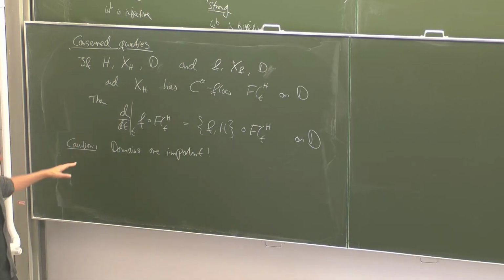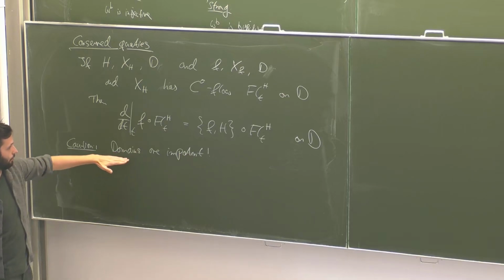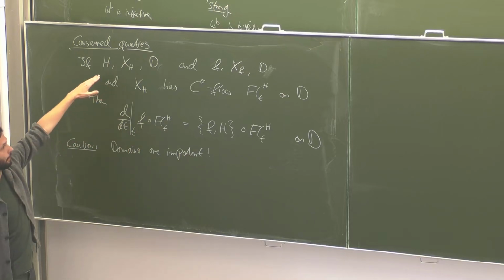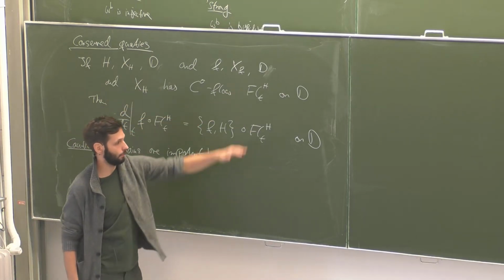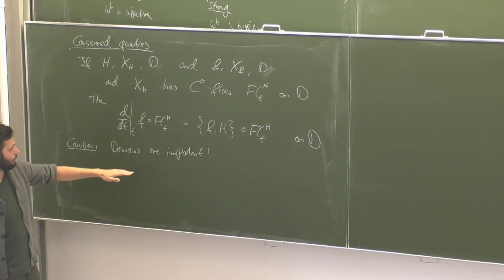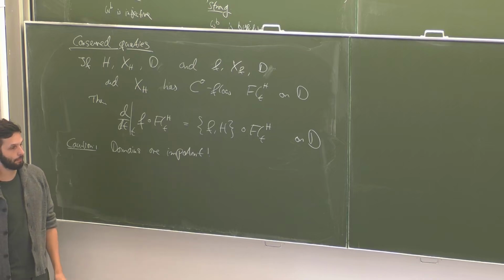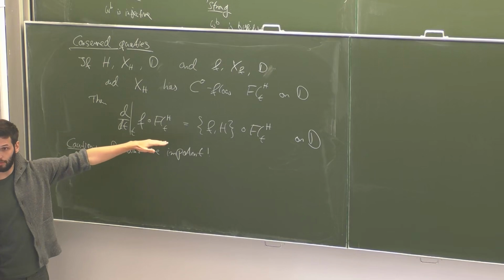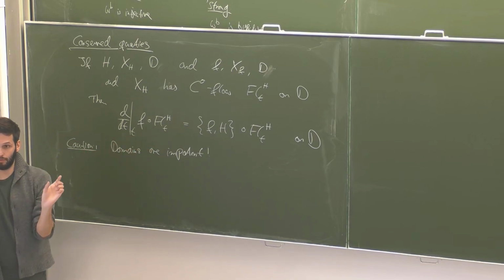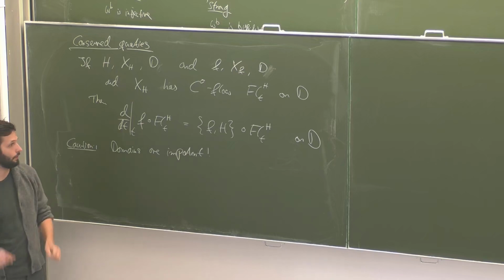But it's important that we consider these domains and keep track of them and have careful statements about what happens if they do not have the same domains, because essentially a theorem like this might be wrong if they have different domains on which they're defined and the flow of one of them doesn't leave the domain of the other one invariant.